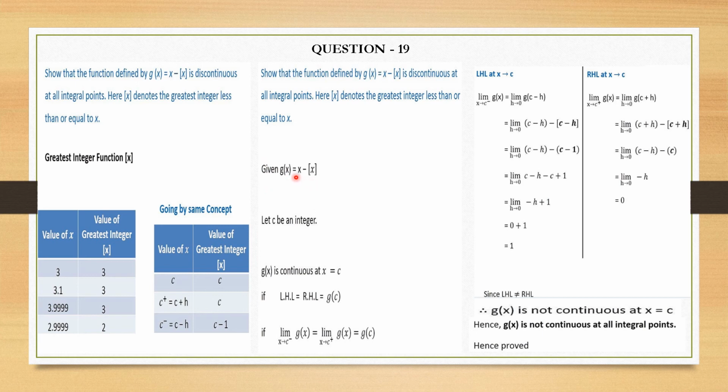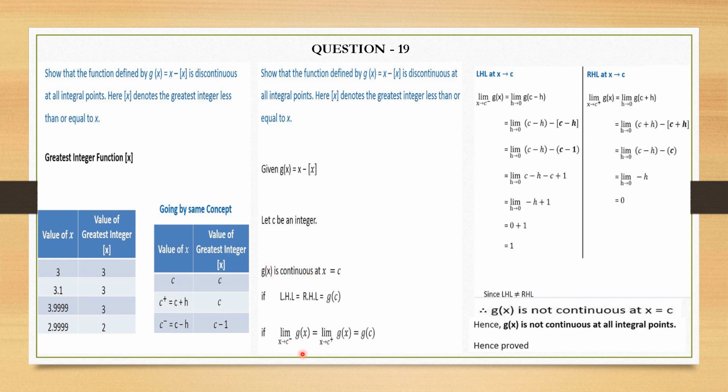Say this is h(x), and this one is f(x). For c any integer, I am checking the continuity of this function. If it is the difference of two continuous functions, then it will be continuous. Now I know the identity function x is always continuous, so I'll go for checking the integer function.